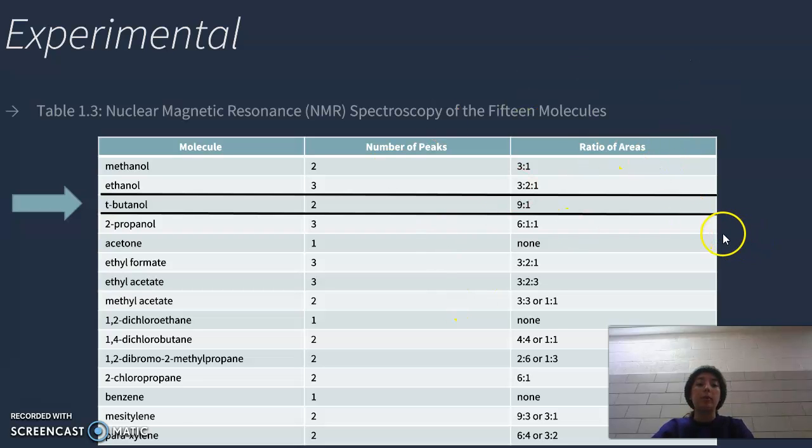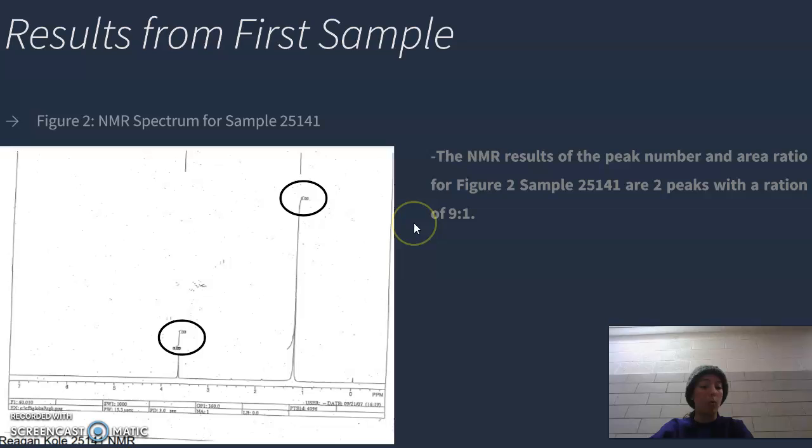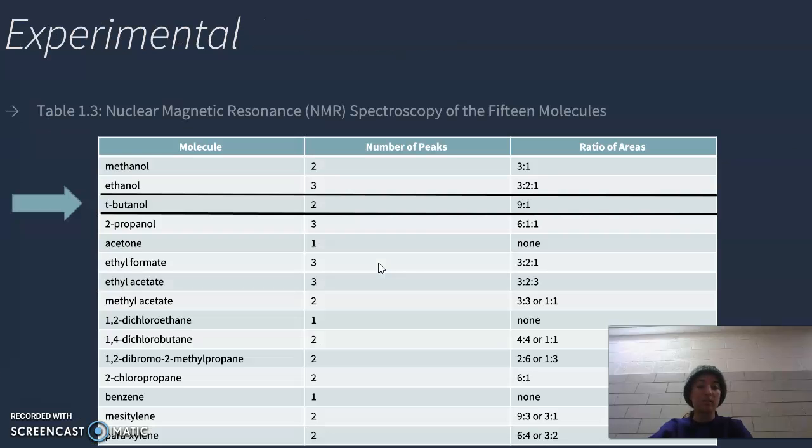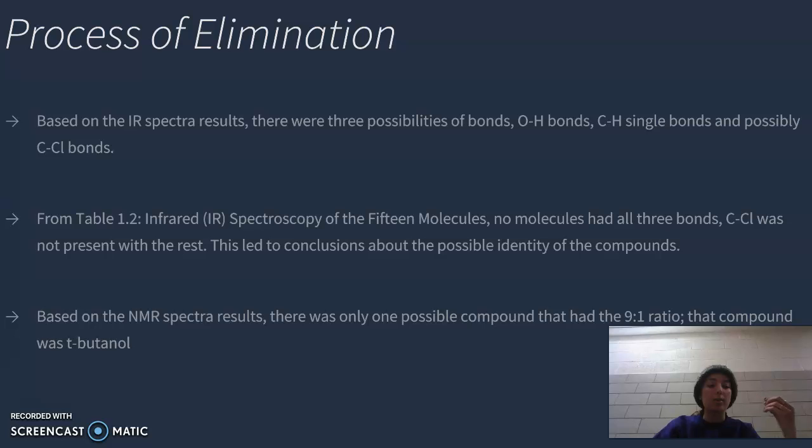You cross-compared your results from this table, the 9-to-1 ratio with the 2 peaks, to find a possible molecule. And as seen, those combinations led to t-butanol, and only t-butanol. There was no other option. That was close. Next was the process of elimination to determine which molecule was my contaminant.